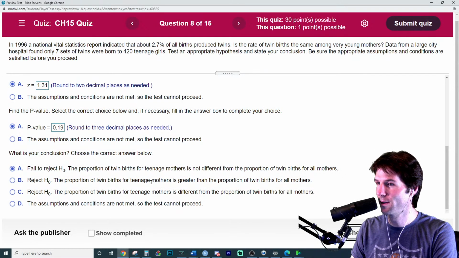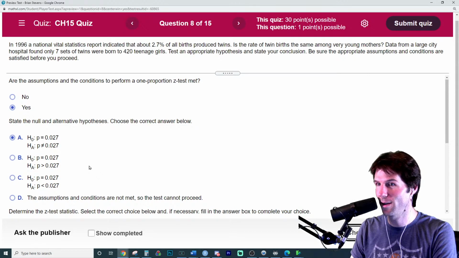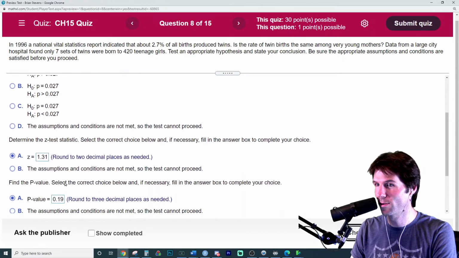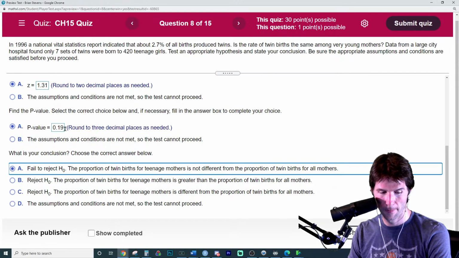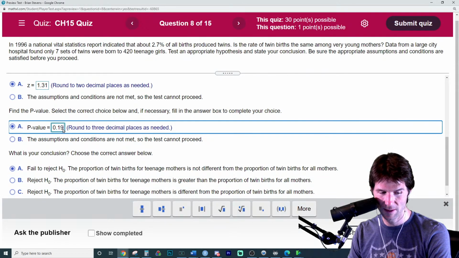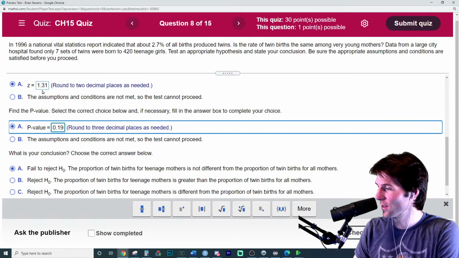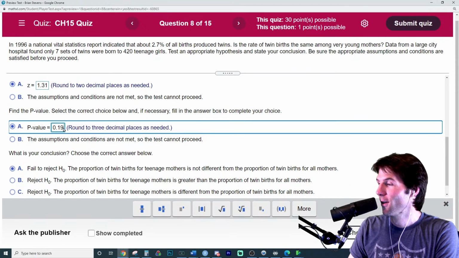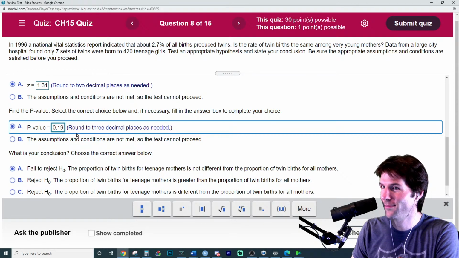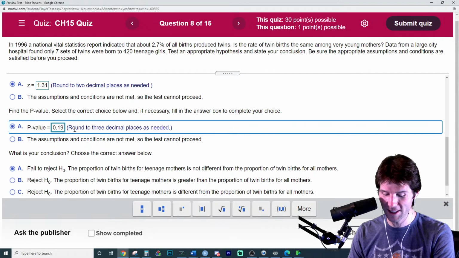What is going on? We do not reject the null. Don't tell me we're using some crazy alpha. Three decimal places, rounded two decimal places. Wait, rounded three? Wait, is it seriously?